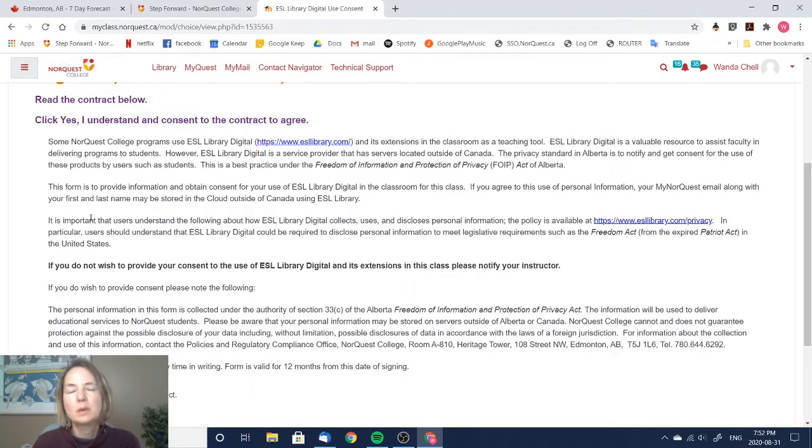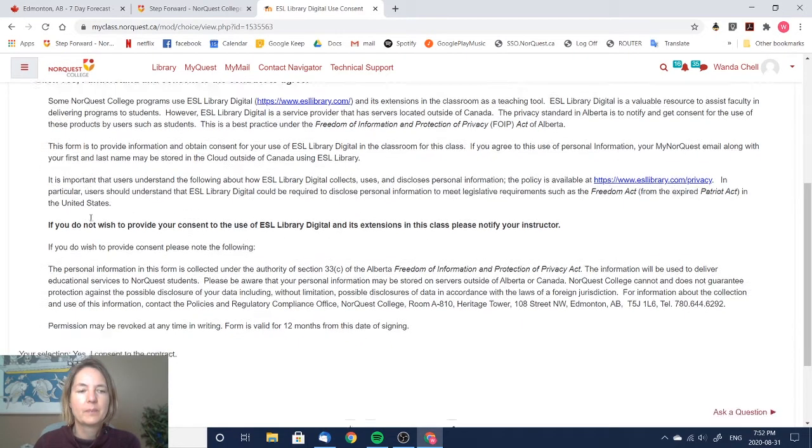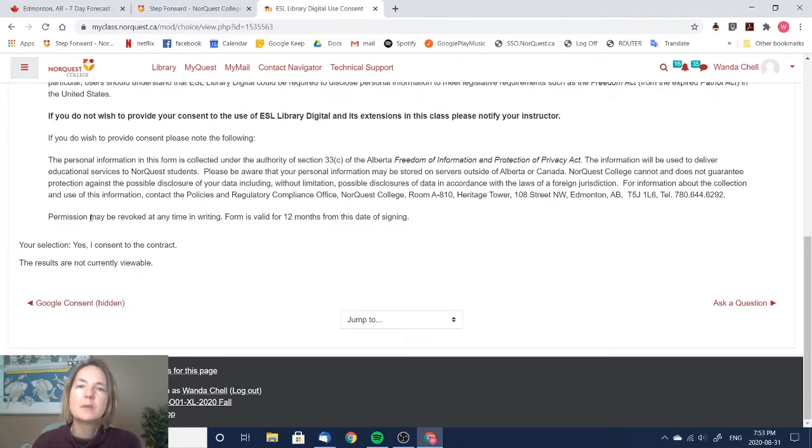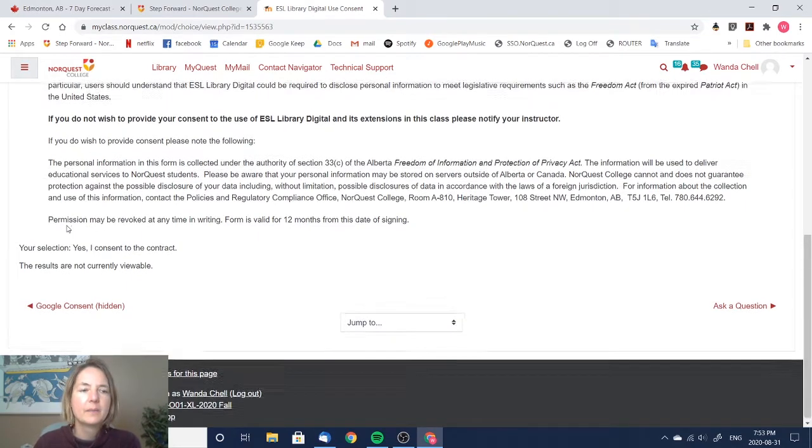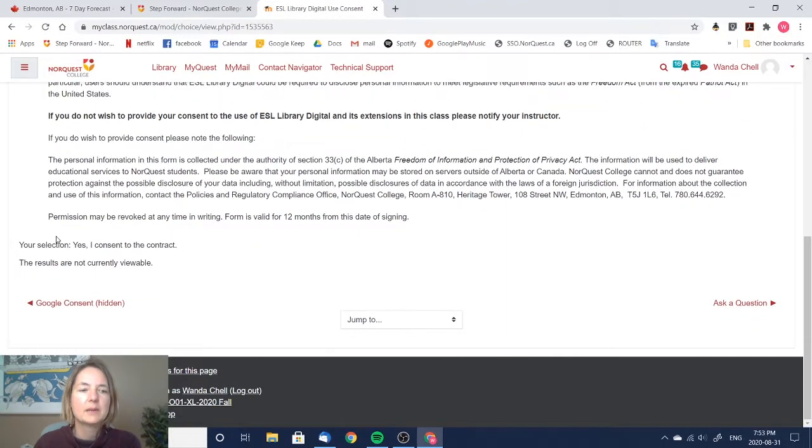We will not be storing any information like grades or personal information about you in ESL Library. Okay, so if you give your consent to ESL Library, you would say yes, click on it, and then you'll get a message saying that you have submitted your form.